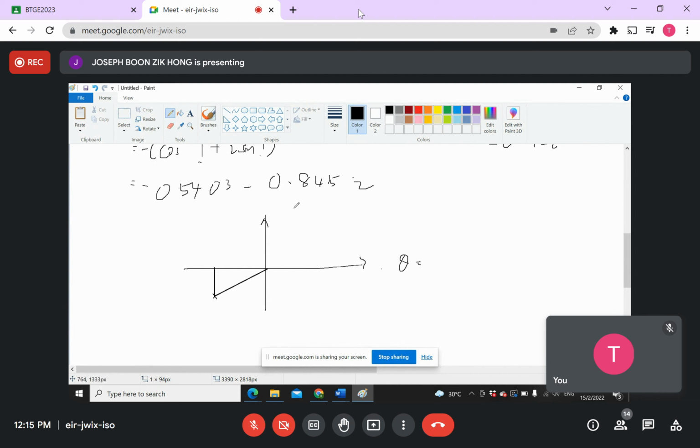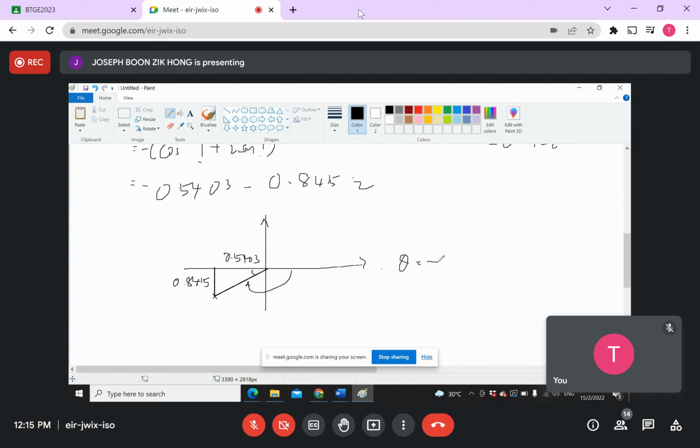Okay, so this one, the y here is 0.8415, the x here is 0.5403. So when you find something like this, but actually it should be something like this, minus this one.